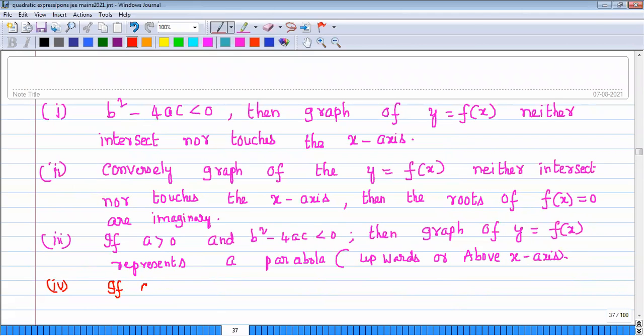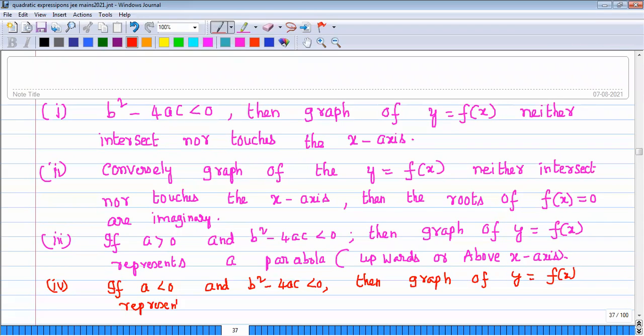If a less than 0 and b square minus 4ac is less than 0, then the graph of y is equal to f of x represents a parabola, but downwards, or below the x-axis.